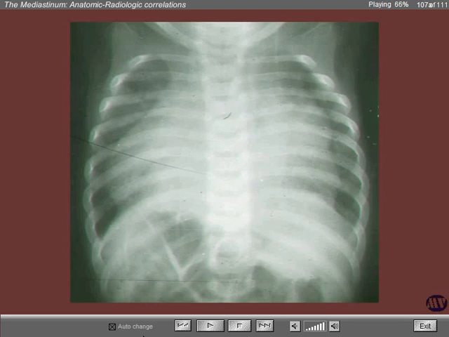Note that we see air under the right dome of the diaphragm and that we see a water density under the left dome. So my impression was that we were dealing with a situs inversus universalis, and the baby had a dextrocardia with some sort of a congenital heart disease that did not become radiographically apparent.